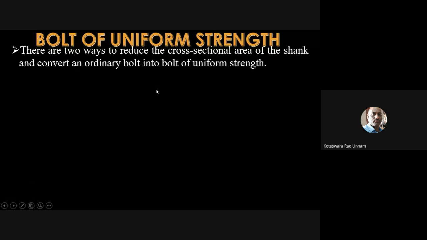In order to make the magnitude of stress the same in both the shank portion and the threaded portion, there are two ways of reducing the cross-sectional area of the shank and converting an ordinary bolt into a bolt of uniform strength.